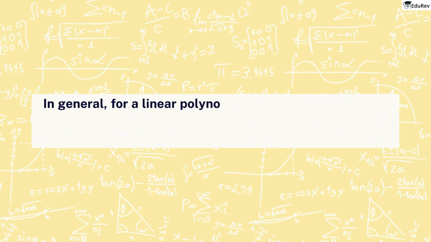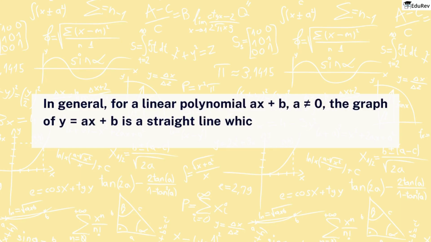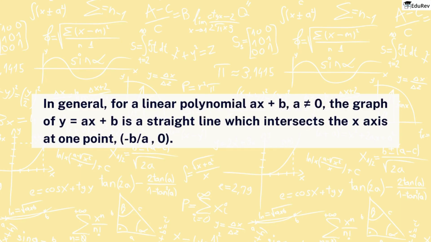In general, for a linear polynomial ax plus b, where a is not equal to 0, the graph of y equals ax plus b is a straight line which intersects the x-axis at one point, minus b by a, 0. Therefore, it has exactly one zero, which is its point of intersection with the x-axis.